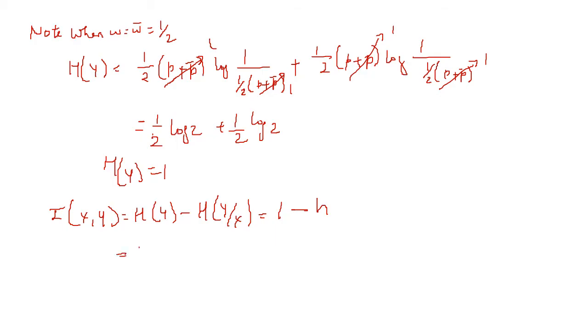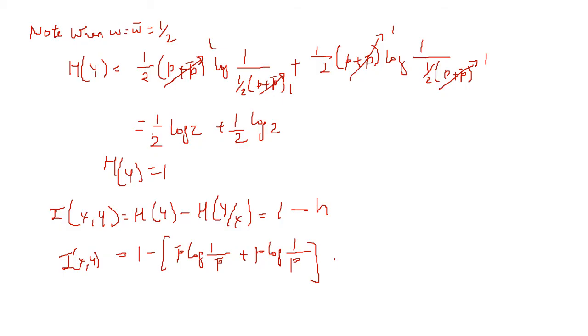So it is equal to 1 minus h, where h is nothing but p bar into log 1 by p bar, and p log 1 by p. So this mutual information I(x,y) is similar to the channel capacity. Hence, we can conclude that when the input symbols become equiprobable, the mutual information is maximized and becomes equal to the channel capacity.